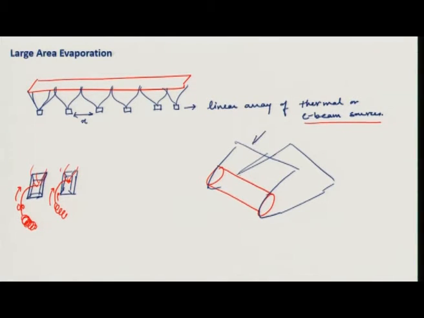Okay. So, it is being fed from here, pulled from here. So, it is moving like this, and you can place your sources as before in a linear array at one point, such that when you evaporate, it forms a uniform coating, right.